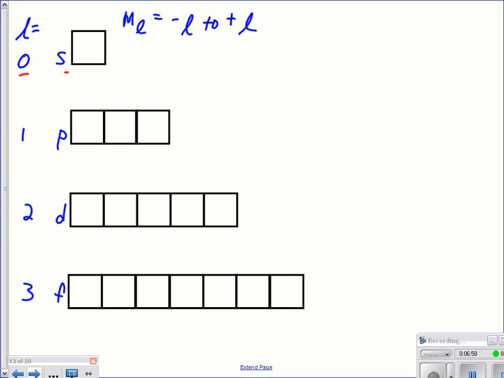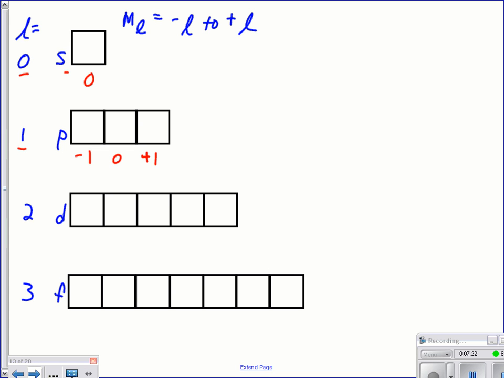So the only possibility for my M sub L is that it's equal to 0. Well, I could do the same thing for my P. I know that my L is equal to 1, so my M sub L is going to be equal to anything from negative 1 to positive 1. I'll write that down, negative 1, 0, positive 1.